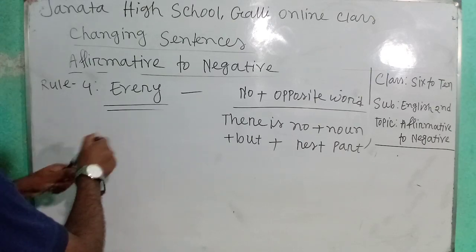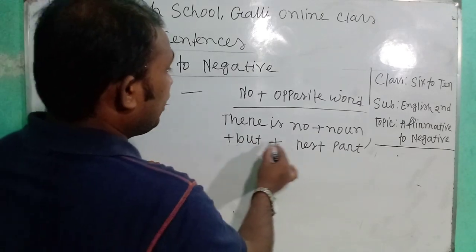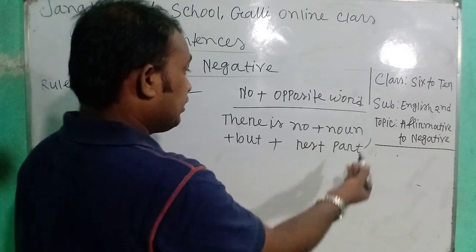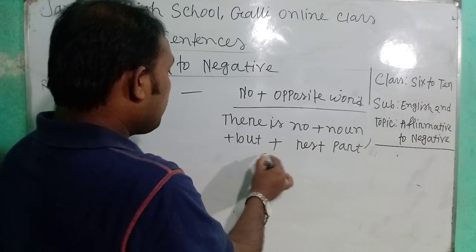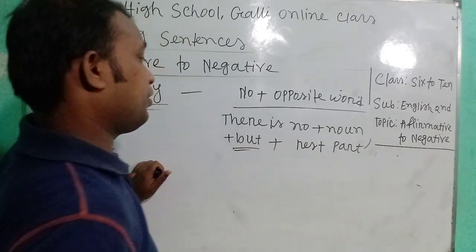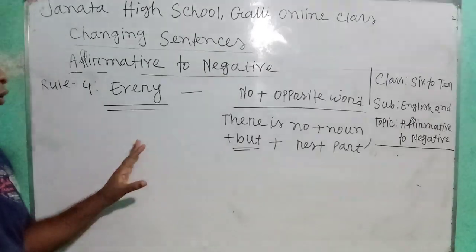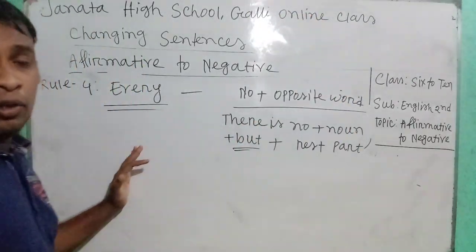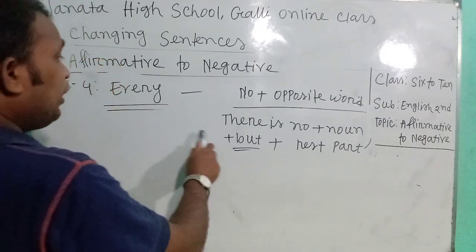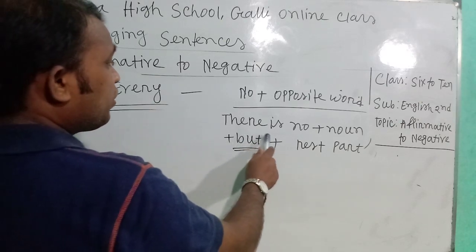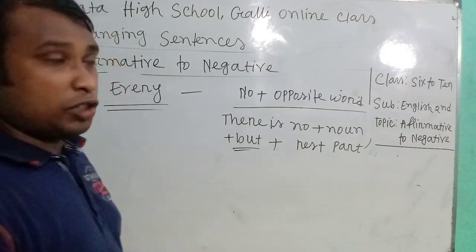If we find every in an affirmative sentence, we can also use there is no, then the noun, the word after every, and then we have to use but and then the rest part.